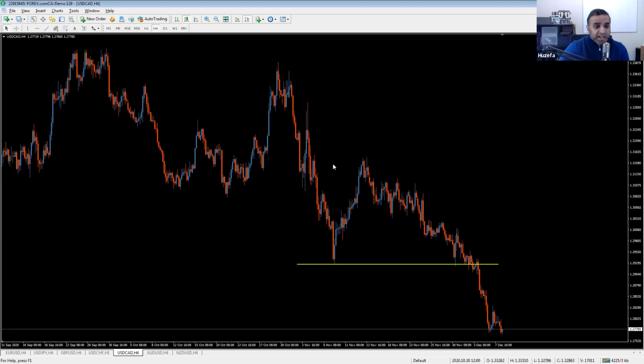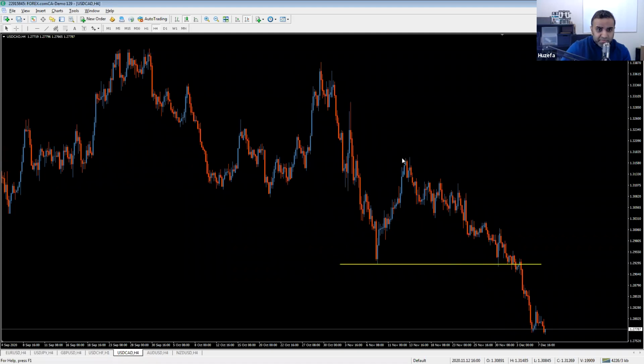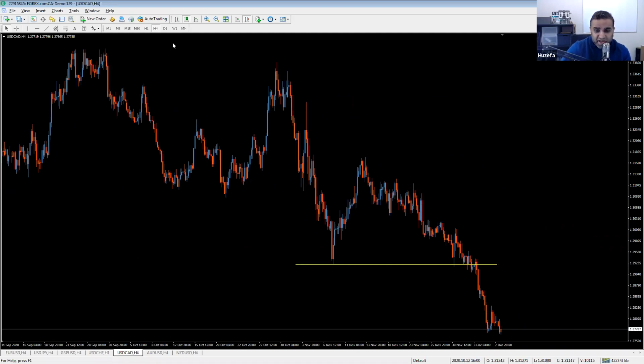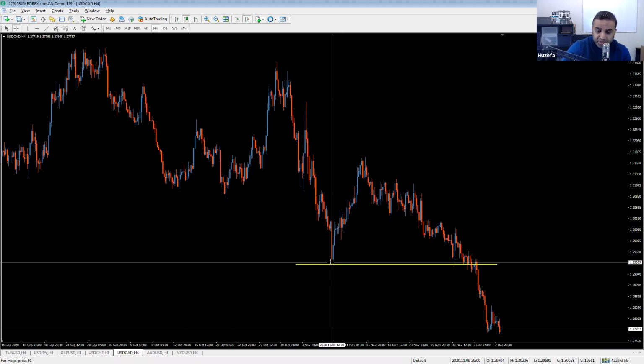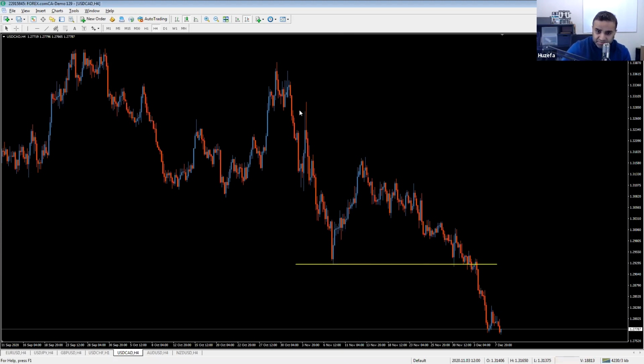Okay, dollar CAD. This is interesting. There's an announcement tomorrow for the interest rates, but just looking at the chart right now, a key support level was made around the same time as for the dollar Swiss, around that 9th of November. It moved hard past it and made a high.